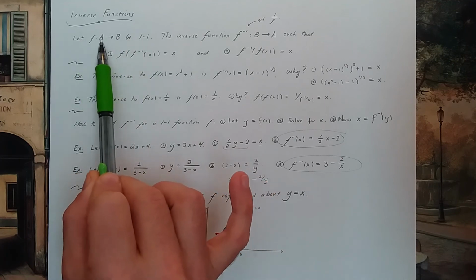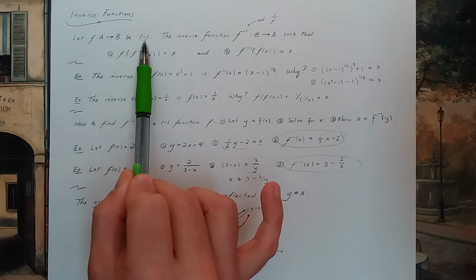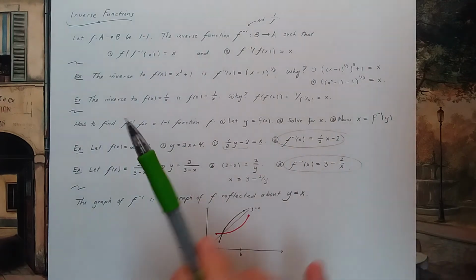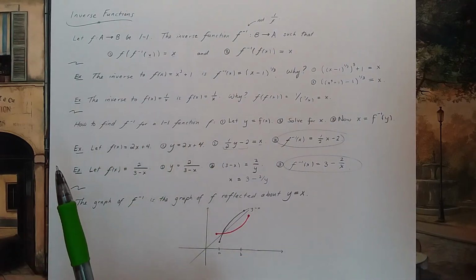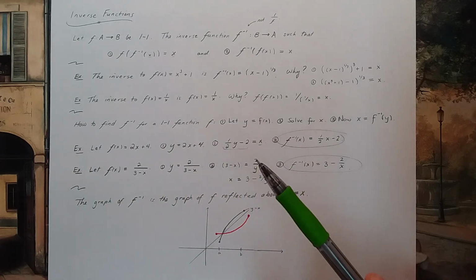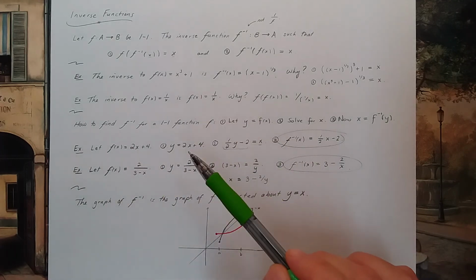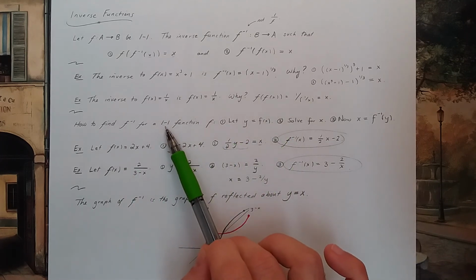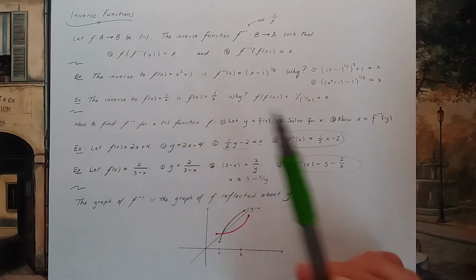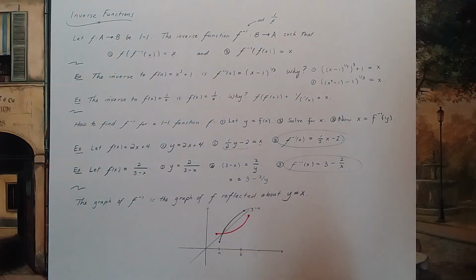So let f be a function from a to b that's 1-to-1. And further down here I said how to find f inverse for a 1-to-1 function. The reason why I said that is because the inverse function can only be found if you have a 1-to-1 function. If you don't have a one-to-one function, it's not possible to find an inverse.